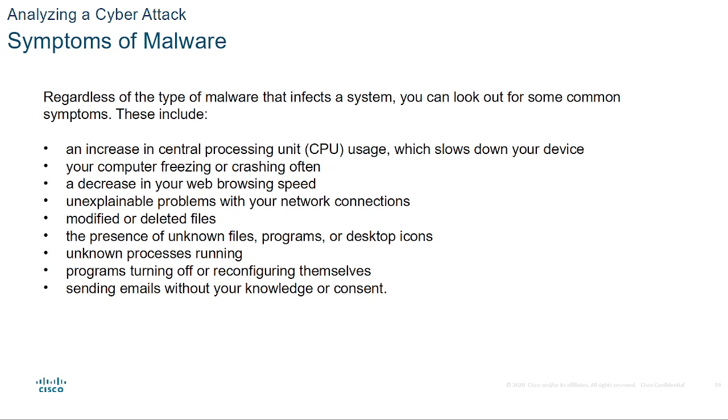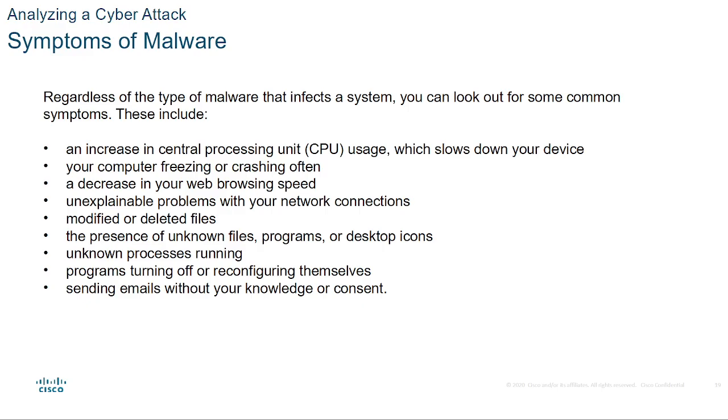So let's look at the symptoms of malware. How do you know that a system has been affected by malware? Regardless of the type of affected system, you can look out for some common symptoms. One would be an increase in the usage of the central processing unit.